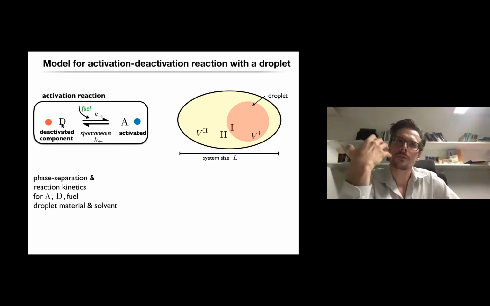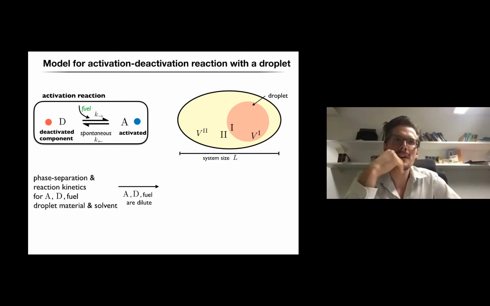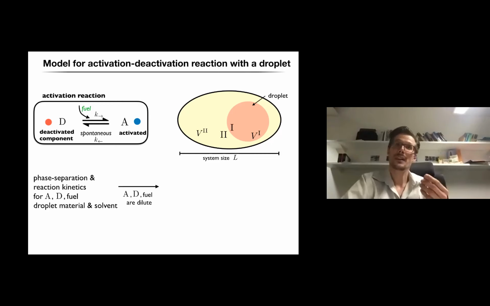Today I would like to give you a glimpse of how the biochemical reactions are affected. Thus I will use two assumptions that simplify this complicated theory dramatically. First of all, I would like to consider all the reactants, so the activated and deactivated component, and the fuel, as being dilute. This leads to a very simple picture. If they are dilute, they have zero volume.